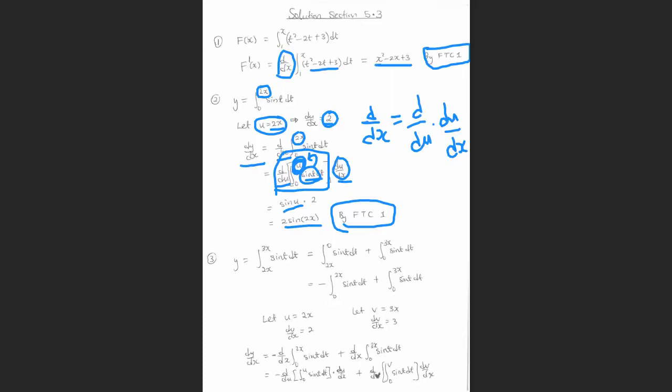So once you see a question like that, and you fail to do the chain rule, then know that you're going to lose all the marks. As easy as that. And also, guys, if I ask you to differentiate an integral, please use the fundamental theorem of calculus part 1. So it should be easy for you to spot in my exam.